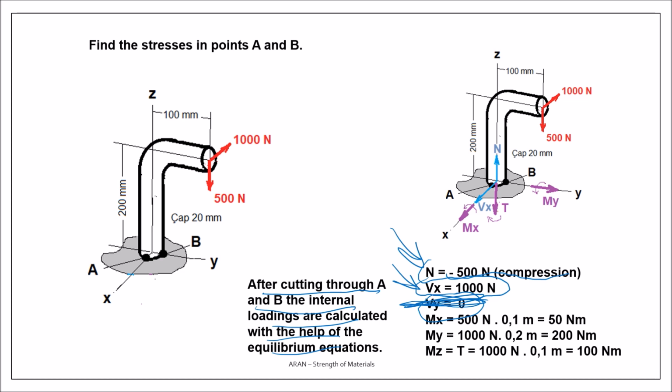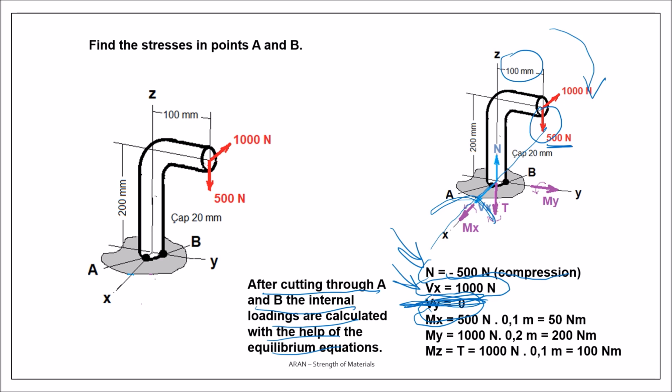So what about the moment? Let's take Mx. This is my axis. I have to rotate around this axis, okay? Which external force causes this? You see that 500, and this is the moment arm, will cause a rotation like this.